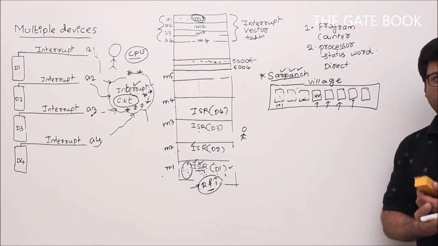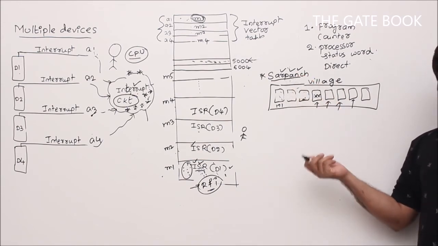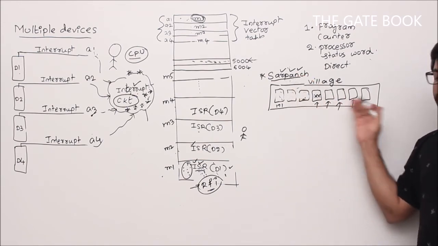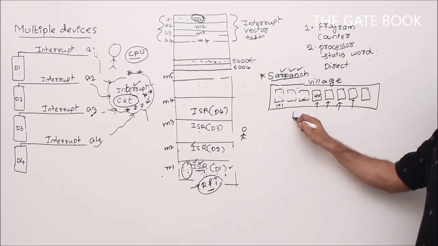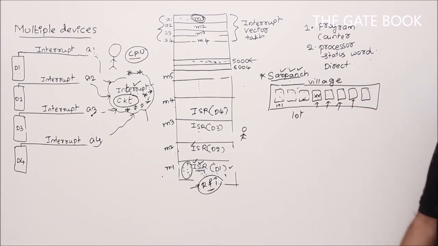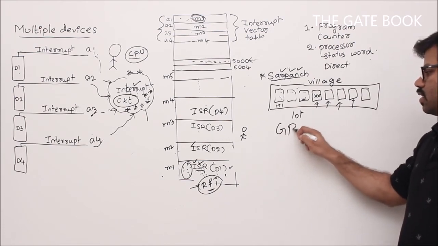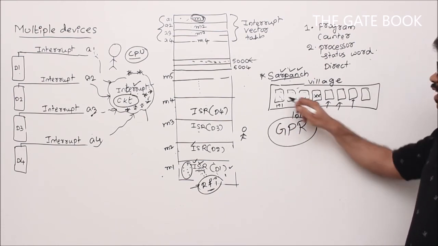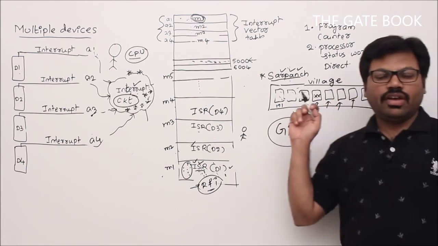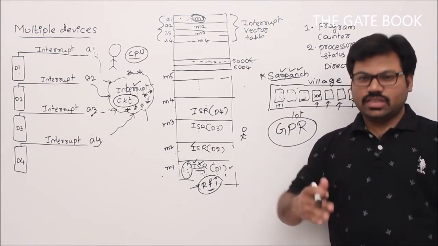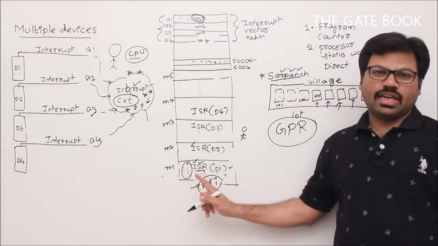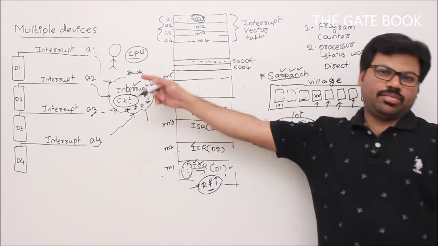But which one is preferable? The Sarpanch doesn't know which items are going to be spoiled, so he will be saving all of them unnecessarily, right? So it takes a lot of time. That's why the better implementation is that the general purpose registers, like the houses, should be saved and restored by the interrupt service routine rather than the interrupt circuit.